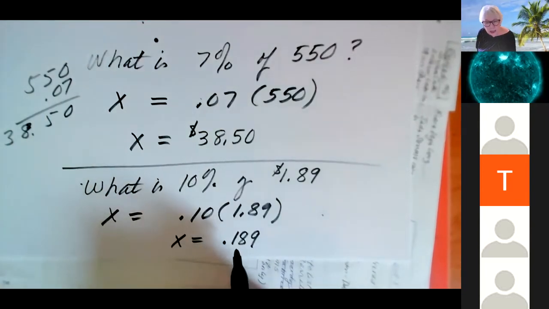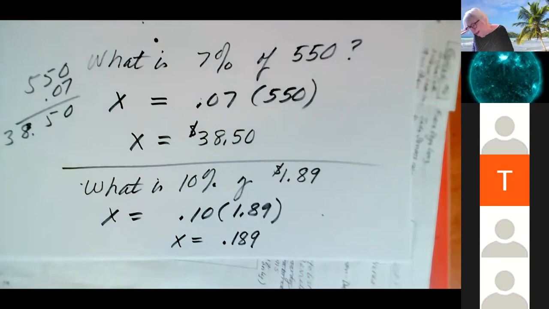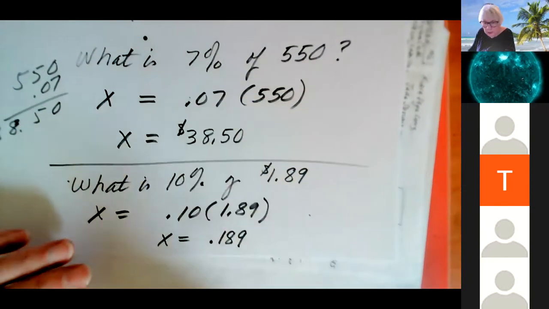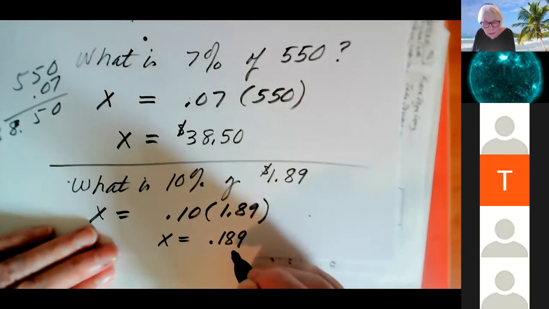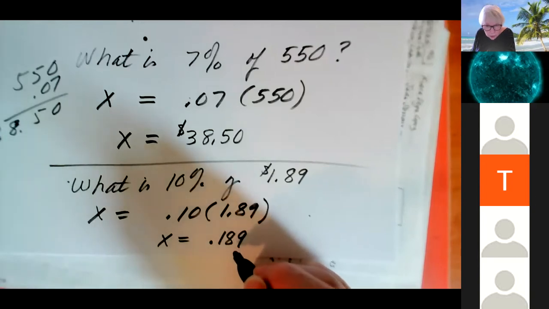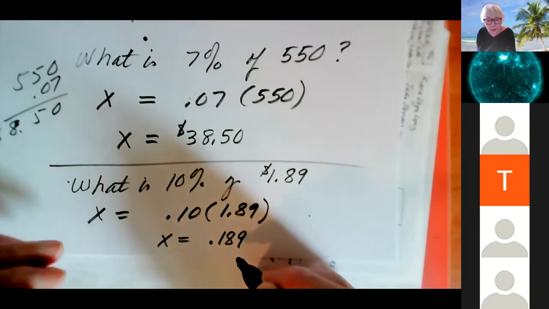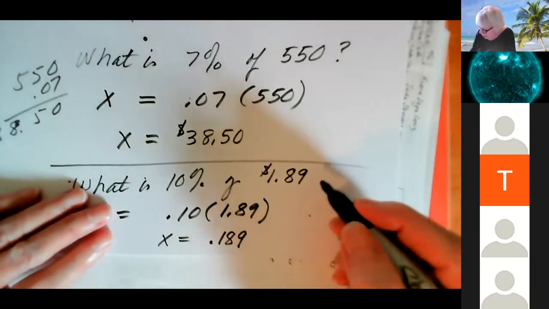So how much would they charge you if that's the tax? Would they charge you 18 cents? 19 cents. No, they always go up. That's one thing about stores. That's a rounding rule for stores. Even if it's 0.1, they always go up. They make a little money that way.